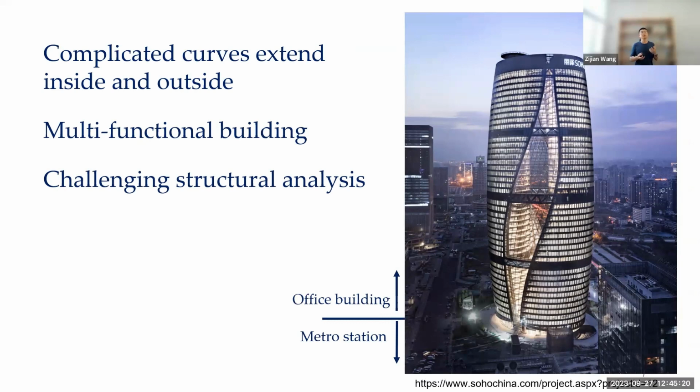It actually poses a really challenging structural analysis to ensure the safety of both the underground metro and the above two buildings. All of them require the architects and the engineers to design in a 3D manner.